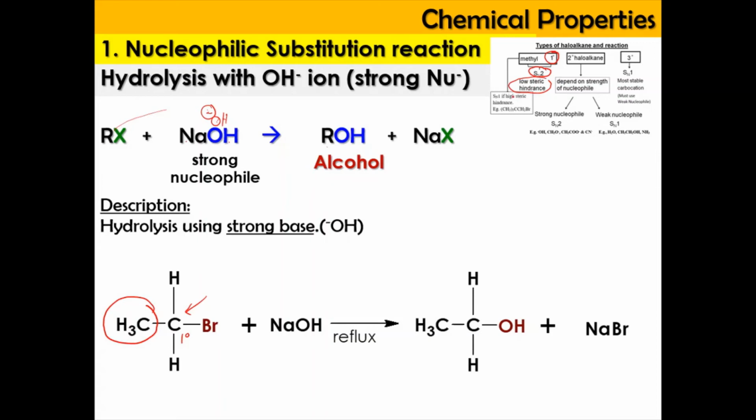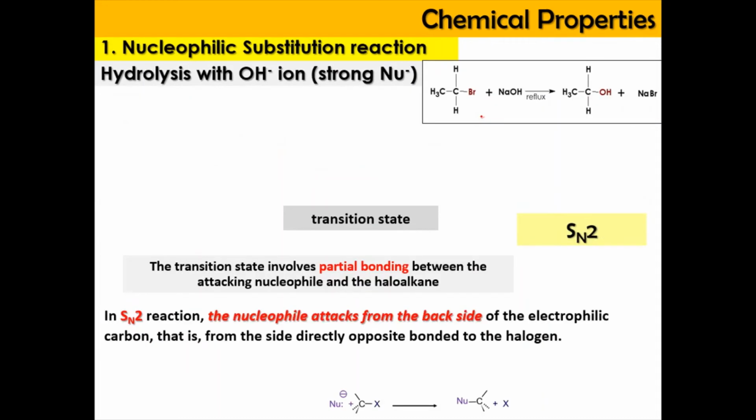If there is high steric hindrance, it would be attached to 3 methyl groups or bulky groups, big atoms. But for this one it is a small atom. So in this case, it will undergo an SN2 reaction as shown in the flowchart here. Okay, now let us look into the mechanism.